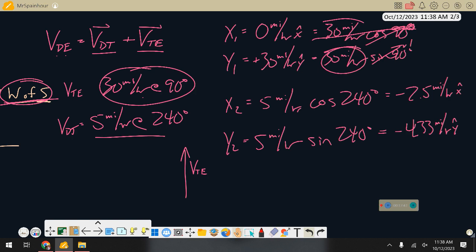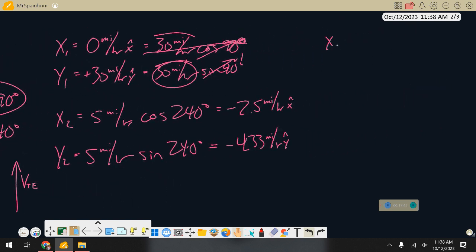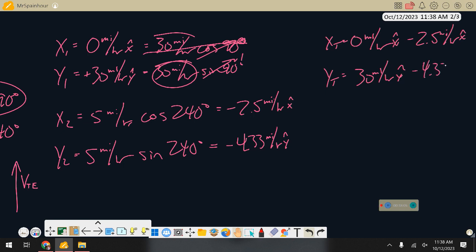The next step of the vector addition, add all your x's and add your y's. So x total is simply going to be 0 miles an hour x hat minus 2.5 miles an hour x hat. And y total is going to equal 30 miles an hour y hat minus 4.33 miles an hour y hat.